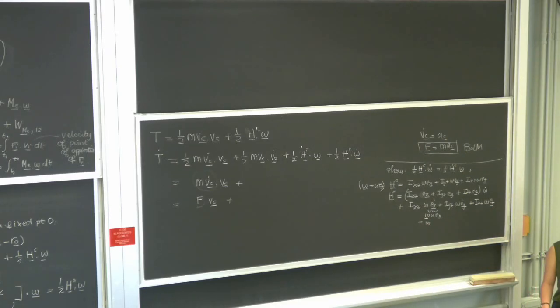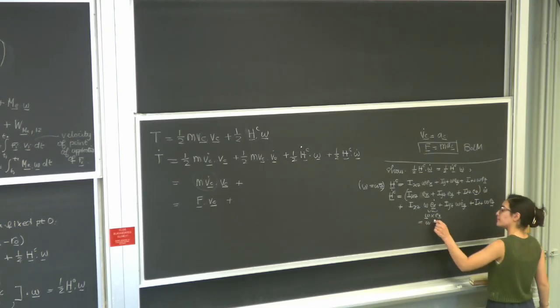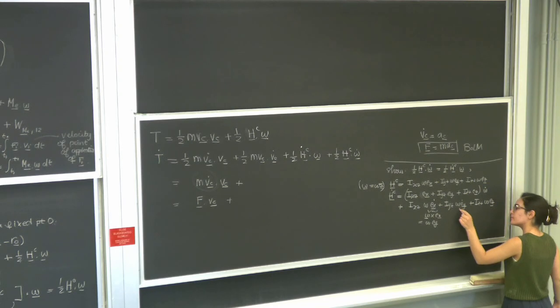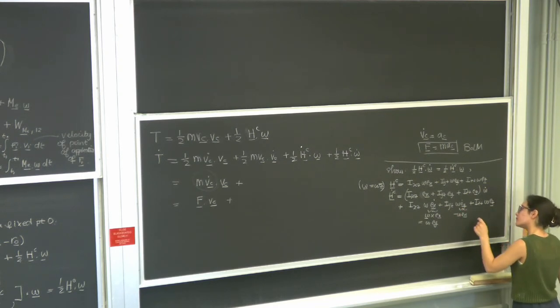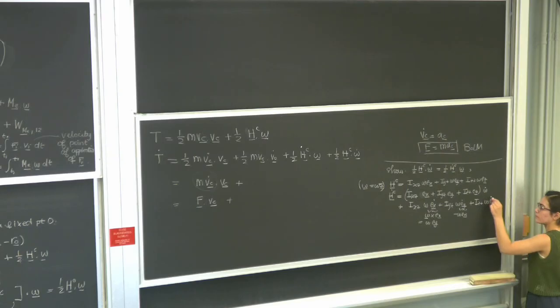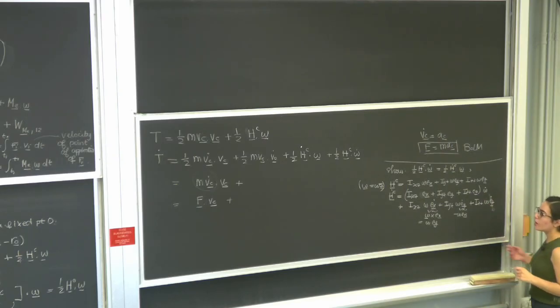What is omega cross e_x? Omega is along e_z. e_z cross e_x is e_y, right? Yeah, and this is here. Okay.